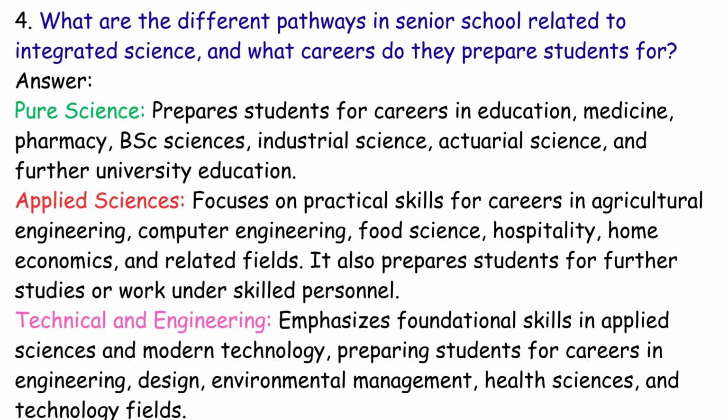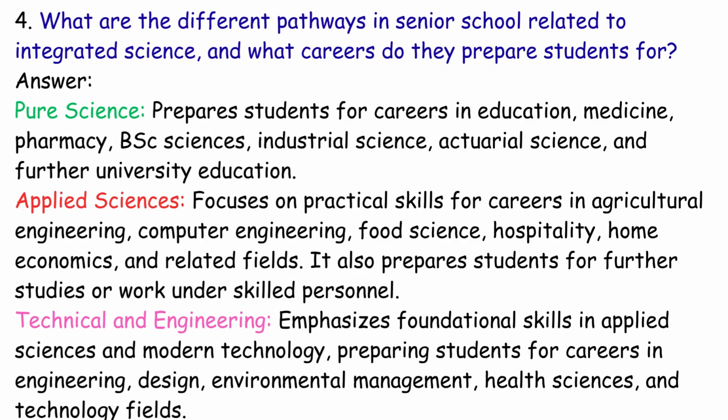4. What are the different pathways in senior school related to integrated science, and what careers do they prepare students for? Pure science. Prepares students for careers in education, medicine, pharmacy, BSc Sciences, Industrial Science, Actuarial Science, and further university education.